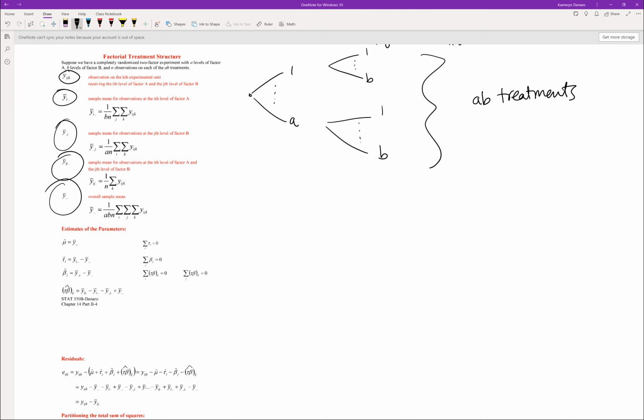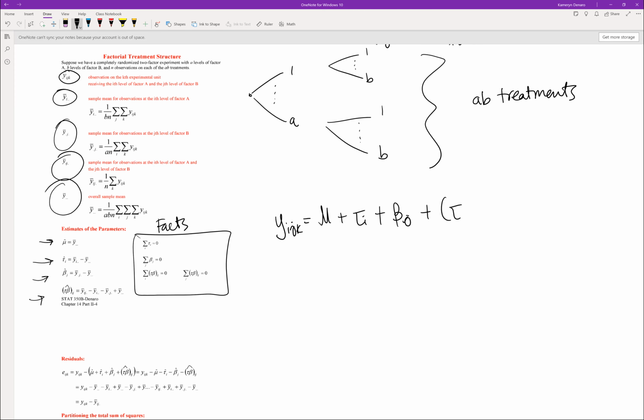To obtain the estimates of the parameters, these are some facts of our model that must be true. Then we can get our model estimates. Remember that our model looks like Y_ijk equals mu plus tau i plus beta j plus tau beta ij plus epsilon ijk.